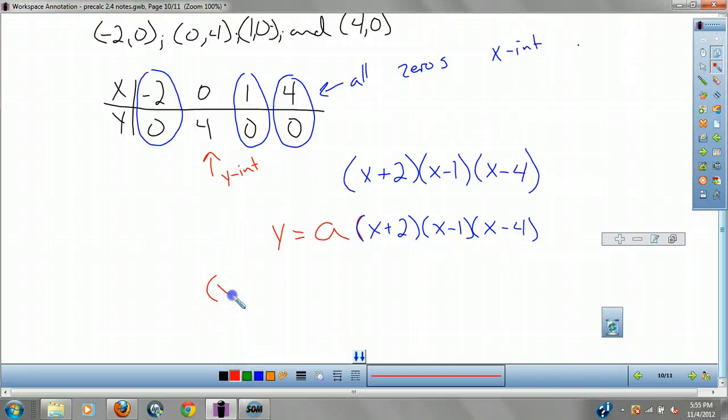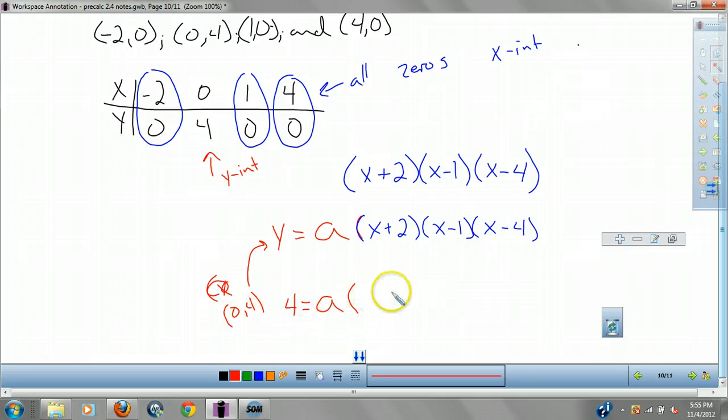Now I have this point, (0, 4). So I plug it in. So I plug in 4 for my y. A is still going to be a. But I plug in 0 for my x. So I get 0 plus 2, 0 minus 1, 0 minus 4. And I solve it.